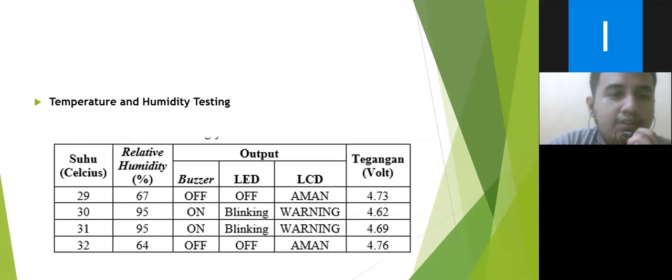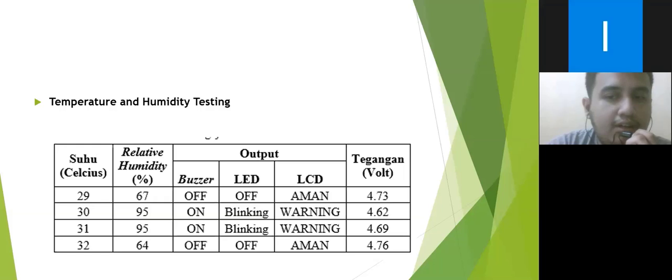Two, temperature and humidity testing. This test is carried out to determine the success of the system and the resulting voltage. The results are as in the following table.